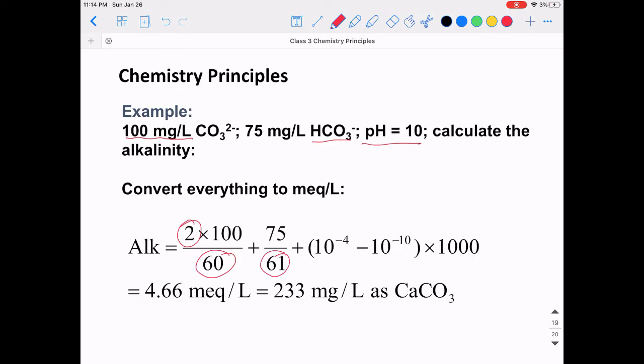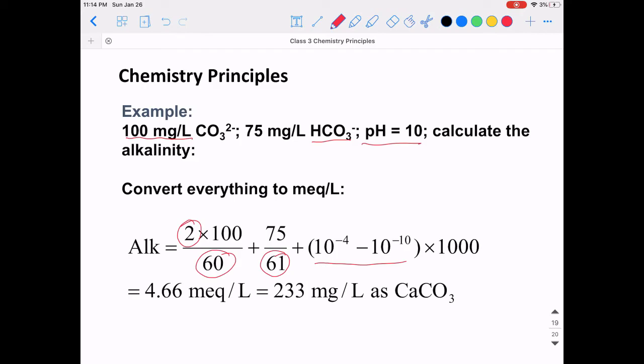Also we need to consider the concentration of the hydroxide ion and the protons, right? Under a pH of 10, the hydroxide ion concentration is going to be 10 to the negative 4, and the concentration of the proton is going to be 10 to the negative 10.